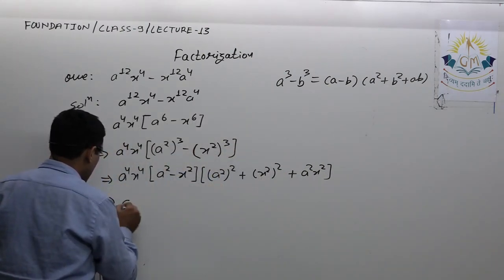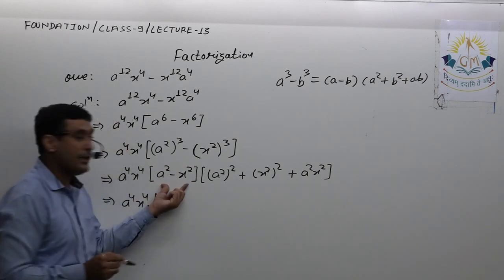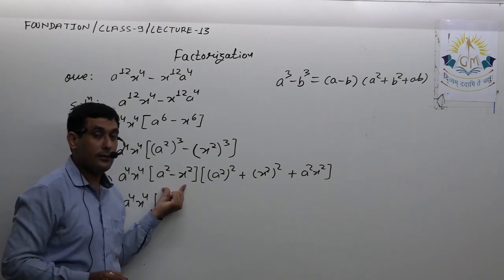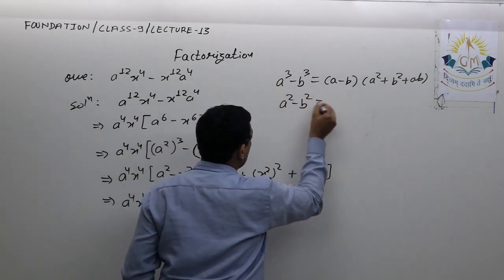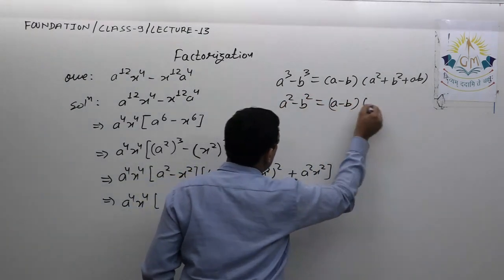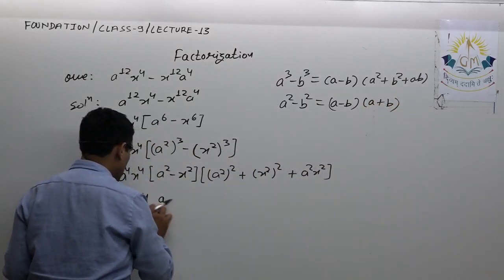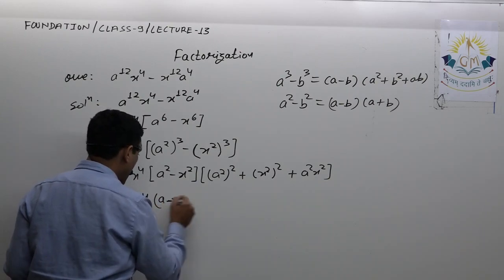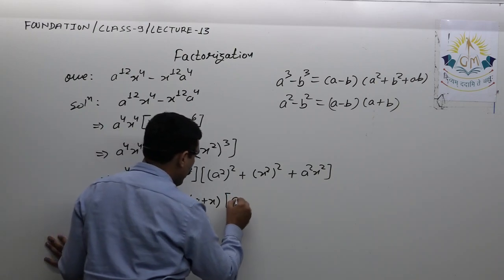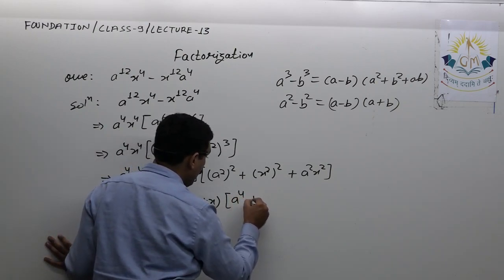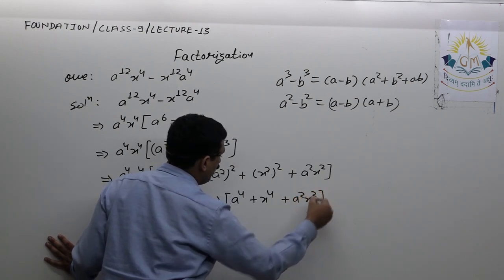Okay, so here I do write a raised to 4 x raised to 4. Now here this is a square minus x square, that is here I can apply the identity of a square minus b square, that is a minus b, a plus b. So here I do write a minus x, a plus x. Now over here it will become a raised to 4 plus x raised to 4 plus a square x square.